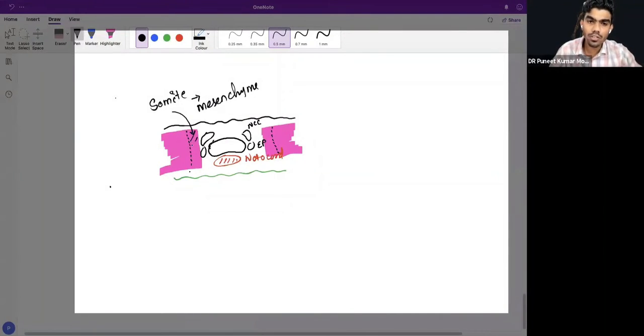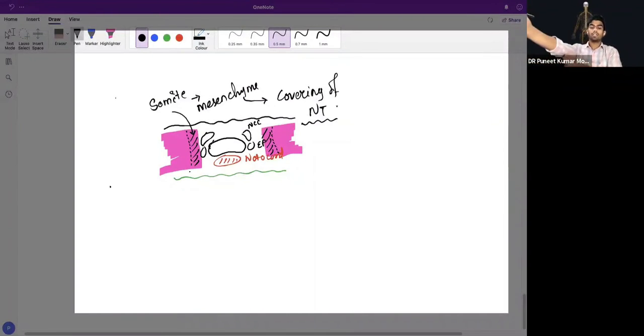And what's the main function of this mesoderm? This specialized mesoderm forms the covering of the neural tube.